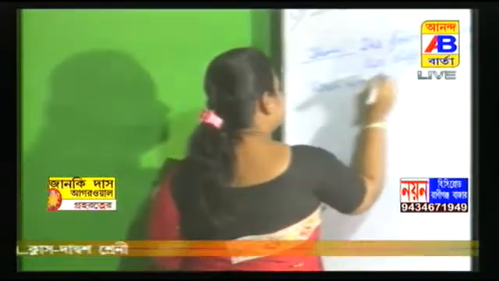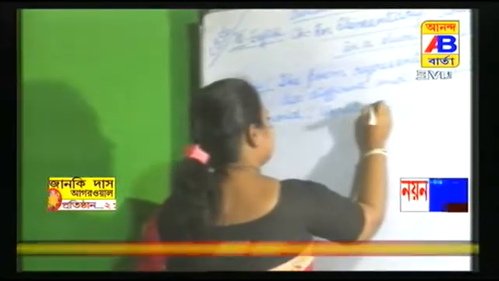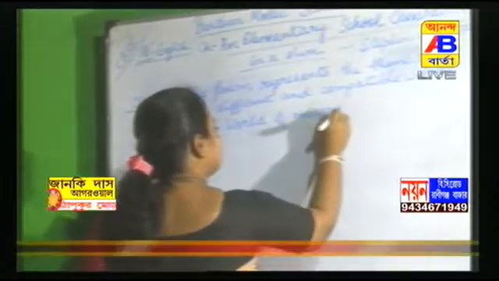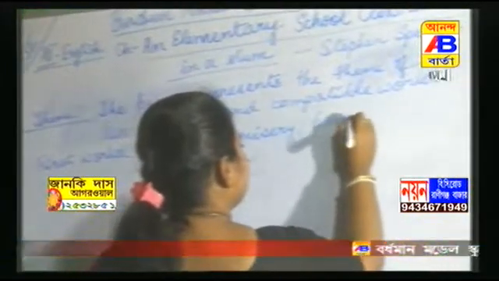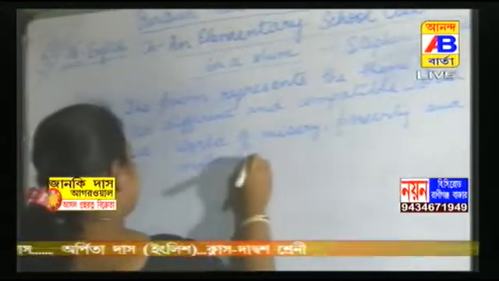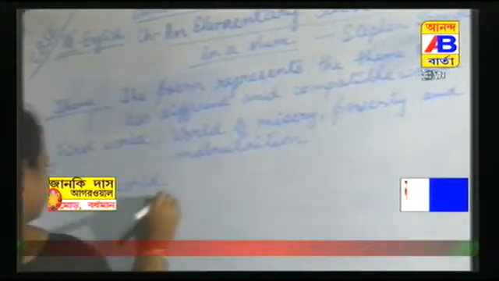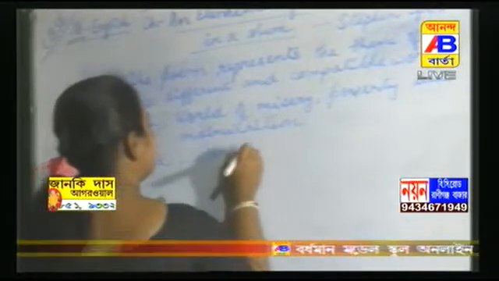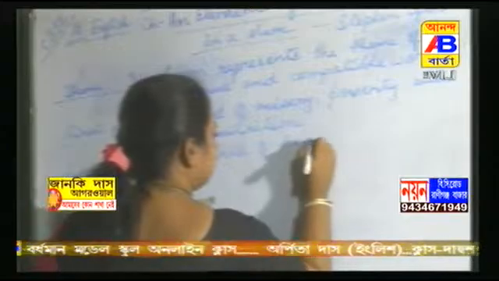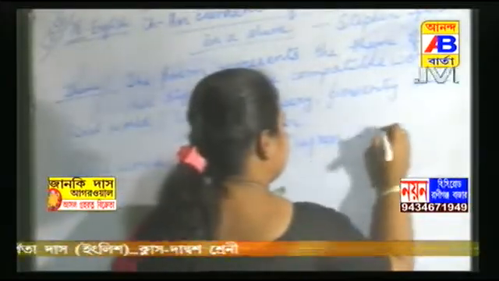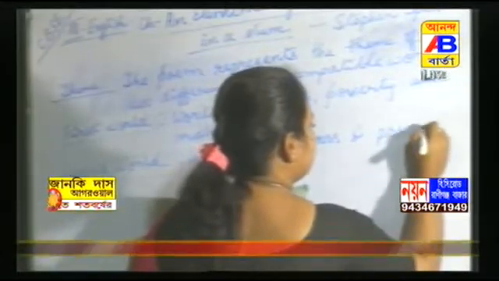First world, world of misery, poverty and malnutrition, and the second world, world of progress and prosperity, that is ruled by rich and important people.